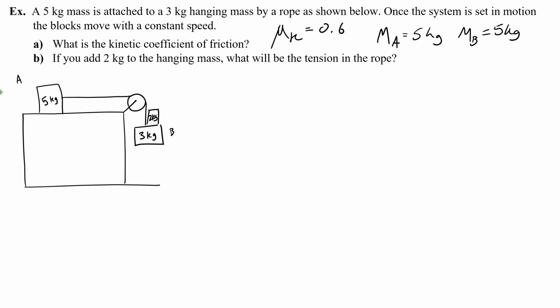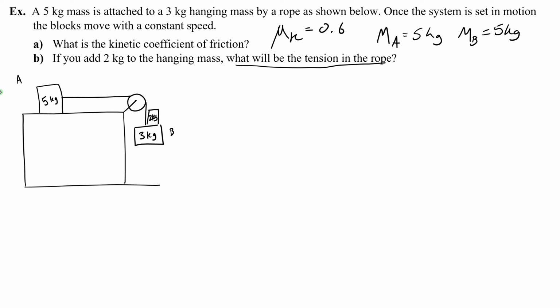Okay, so what do we do to find the tension in the rope? Well, this is going to be a problem where we write a system of equations, cancel out the tension, find the acceleration, then plug that back into one of our equations to find what the tension is.